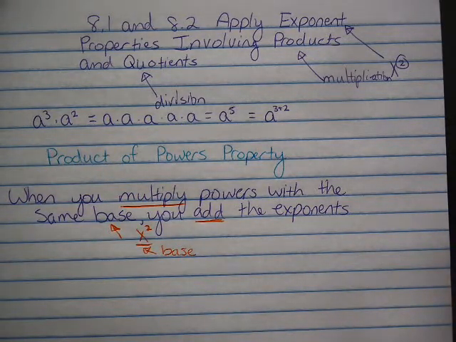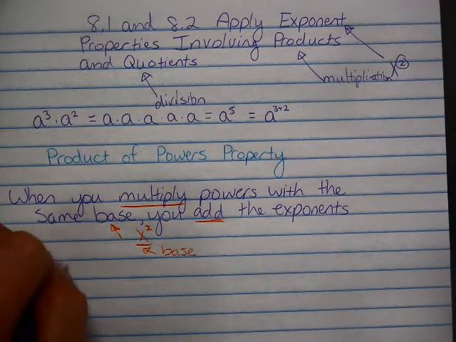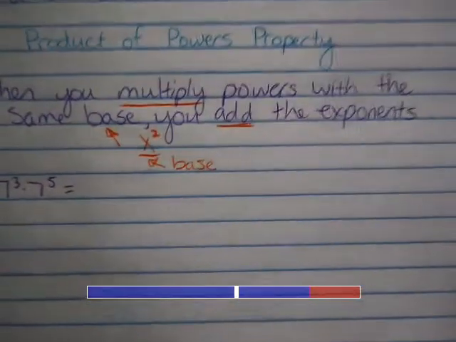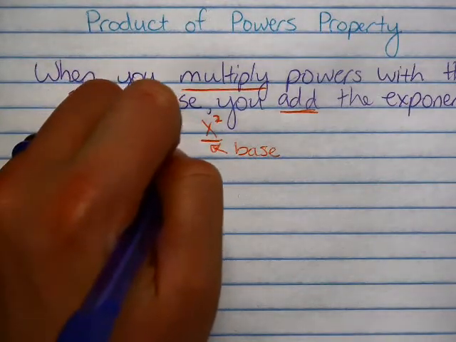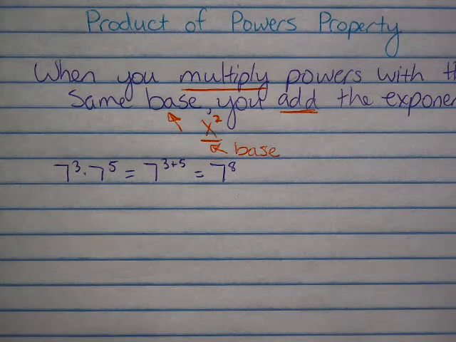So let's try one where we have 7 cubed times 7 to the fifth. If I can apply the rule, I know that is the same as 7 to the 3 plus 5, or 7 to the 8th. But let's say we don't remember the rule, or we're stressed and we don't even know what our name is right now.